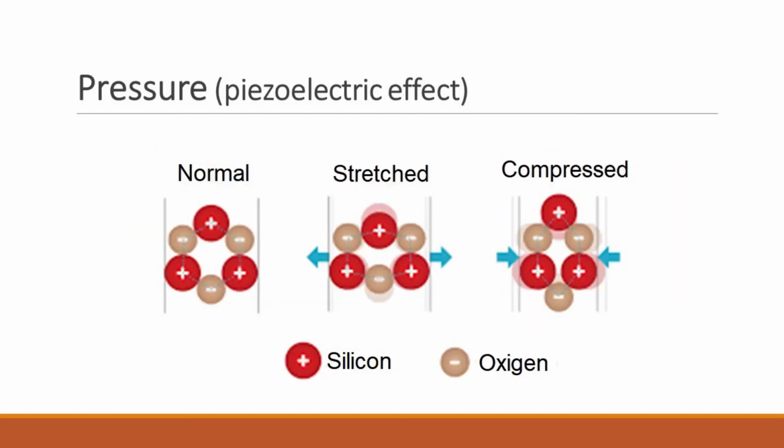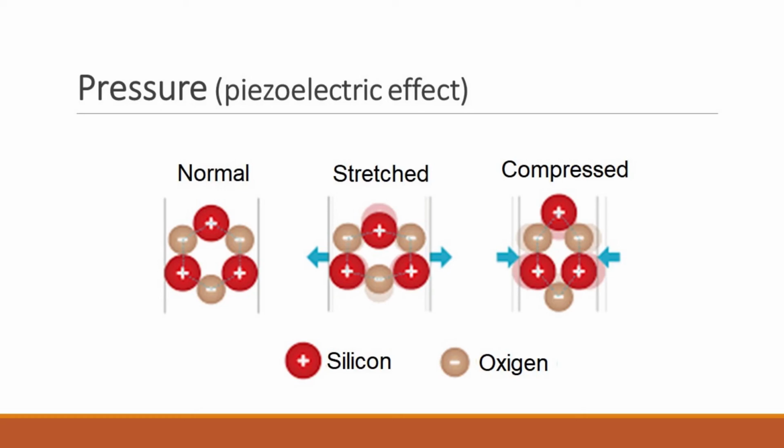Another way to manifest electricity is through pressure, by a process called the piezoelectric effect. For this effect, we have a material in a normal state, and there's no area of the structure of the material where we can see electron deficiency or excess electrons.